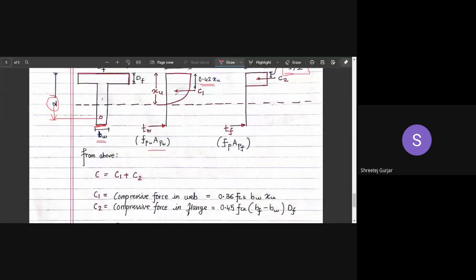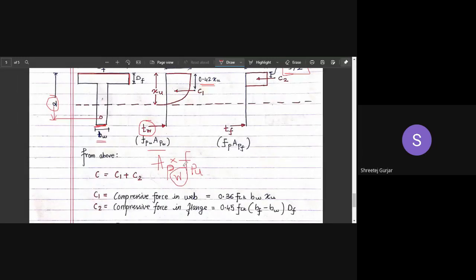Now what about these tensile forces which are acting at the level of steel? TW, as I've told you, force is equal to stress into area. Area of steel in web, area of steel denoted as AP, and W meaning web, multiplied by FPU will give you TW.